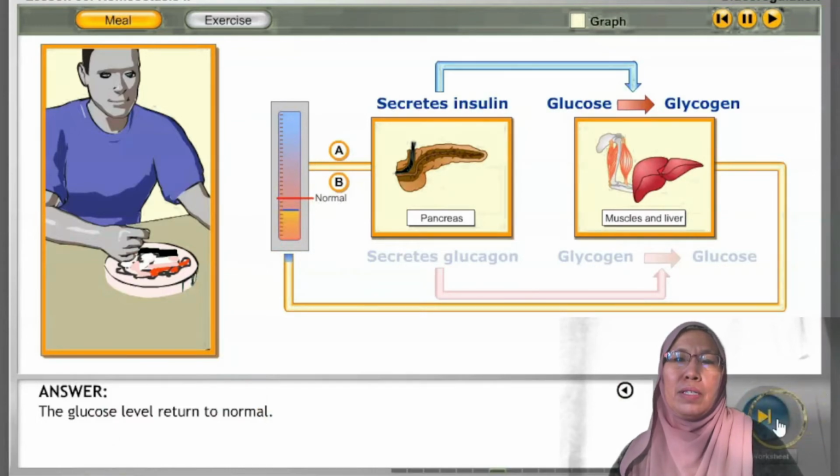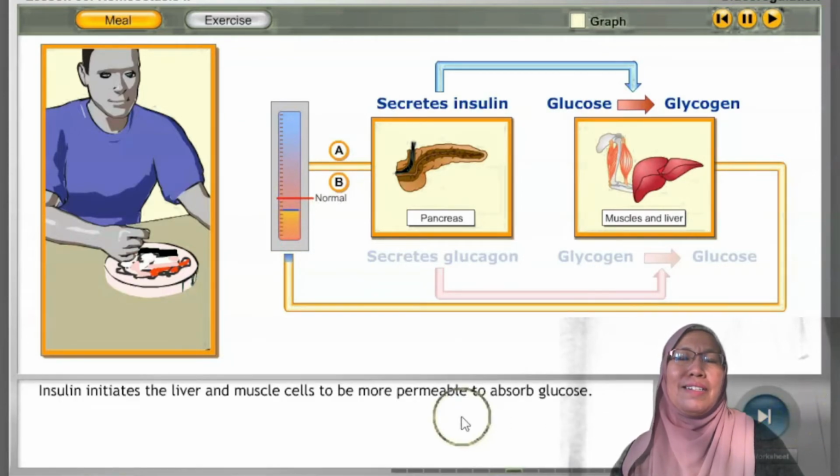That is the metabolism of carbohydrate. We also call it a negative feedback mechanism. Insulin causes the liver and muscle cells to be more permeable to the absorbed glucose.